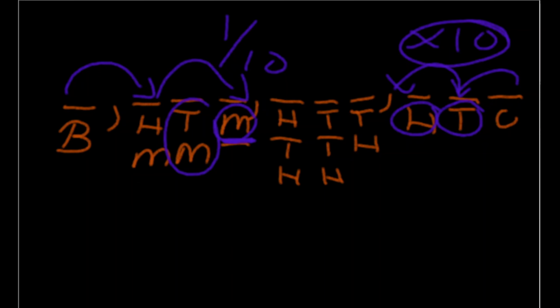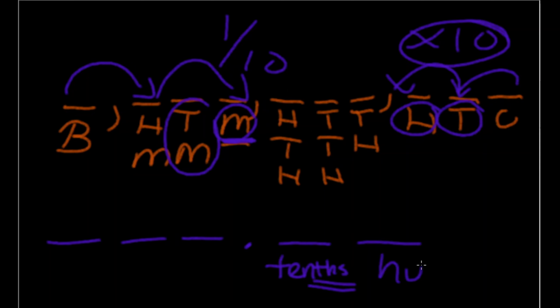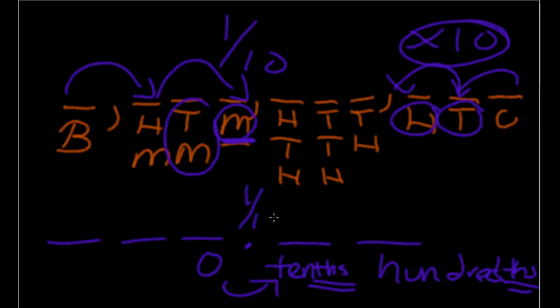Boys and girls, that does the same exact thing if I even have my decimals. With my decimals in fourth grade, we go from the tenths, remember that th at the end, tenths, and then we have our hundredths, and again, the value between my ones place and my tenths place is 1/10.